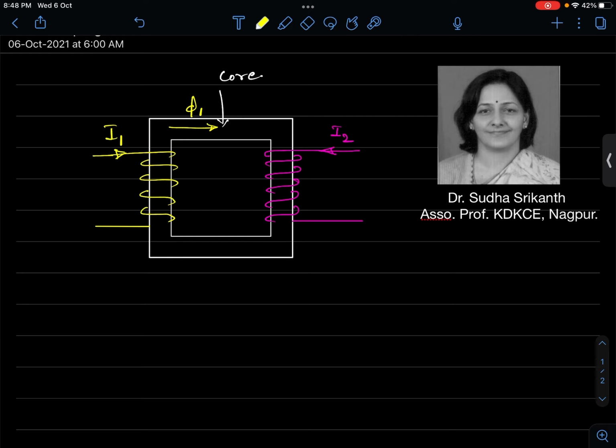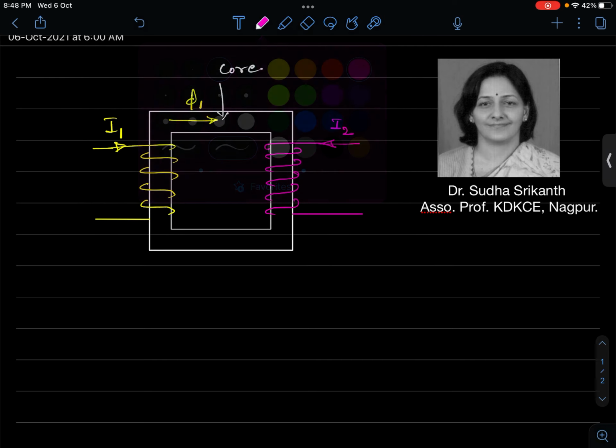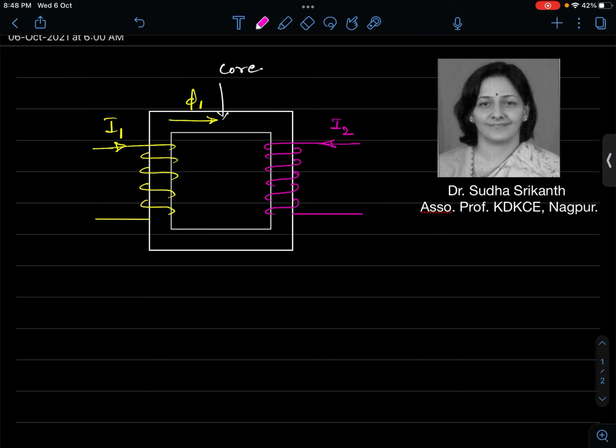So if we extend Fleming's right hand rule, the flux in this pink coil will be in this direction. This will be phi2. We can see that phi1 and phi2 aid each other, they support each other because they're in the same direction. The resultant flux in the core is obviously the sum of phi1 and phi2.